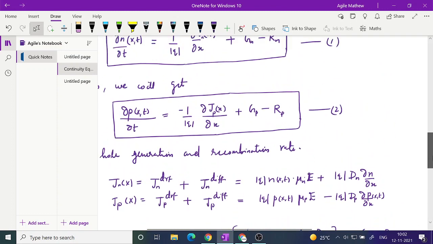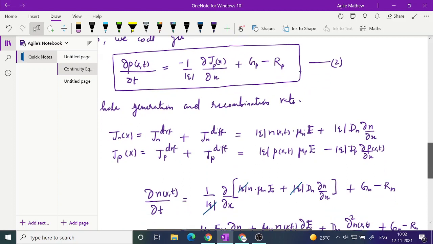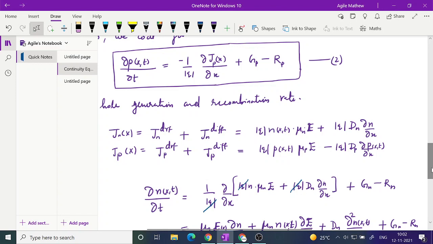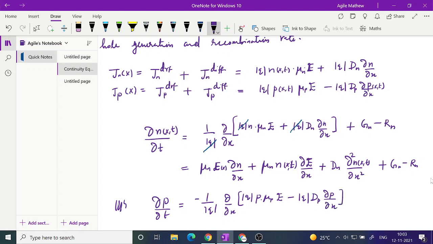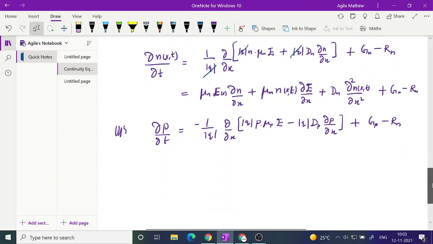Instead of plus q you have minus q, and then in the expression also there is a minus, so we have to do it slightly carefully. 1 by q, so there is minus here, then dou by dou x of q p mu p E, then minus q Dp dou p by dou x, plus Gp minus Rp.